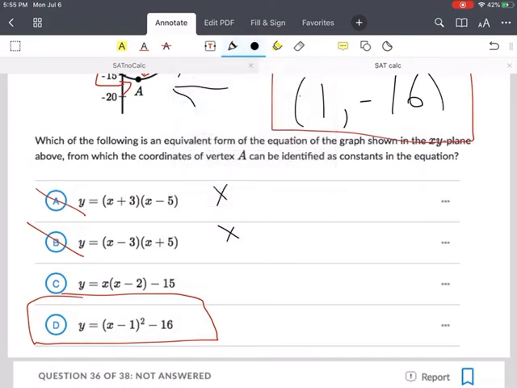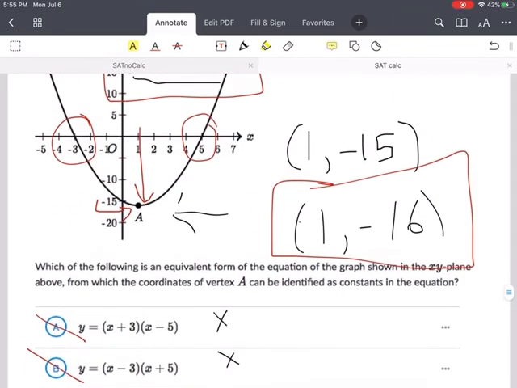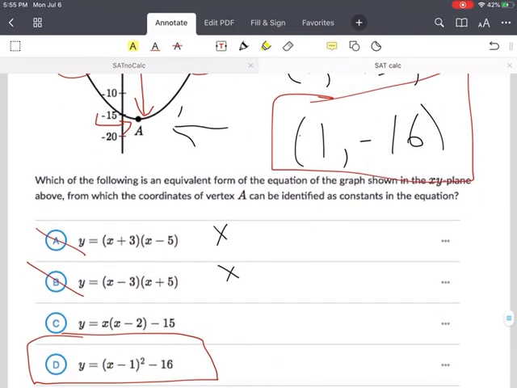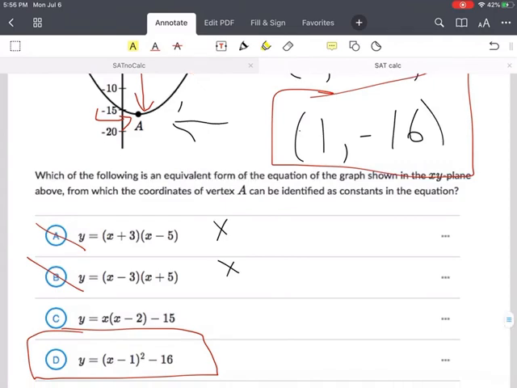So it's a good thing to remember that it's okay to guess on the SAT sometimes, because when you're trying to solve this equation, you're trying to find an algebraic way to prove that the answer that you think it is indeed the right answer, and then you end up wasting a lot of time. So just go with your gut on these kind of questions.